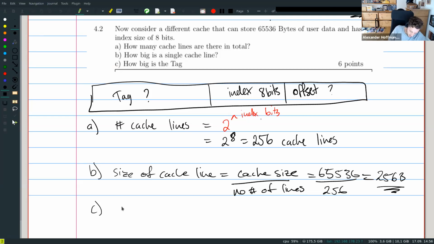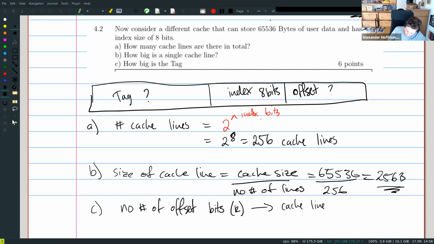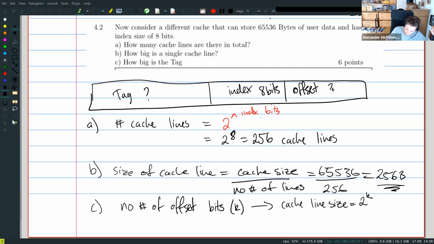So therefore, the number of offset bits, let's just say it's K, comes from cache line size equals 2 to the K. So this is the amount of bits here, K. We have 256 equals 2 to the K, therefore K is 8.